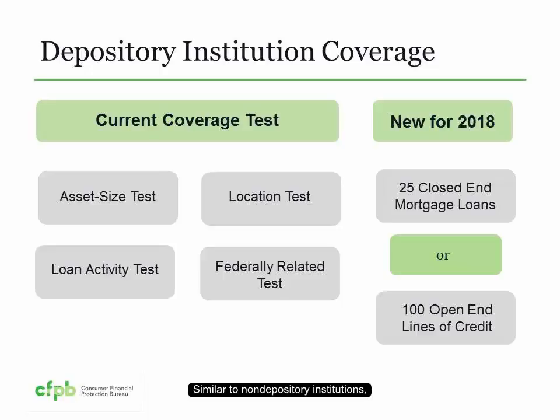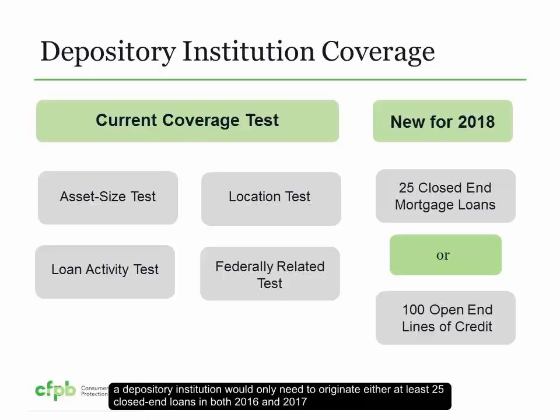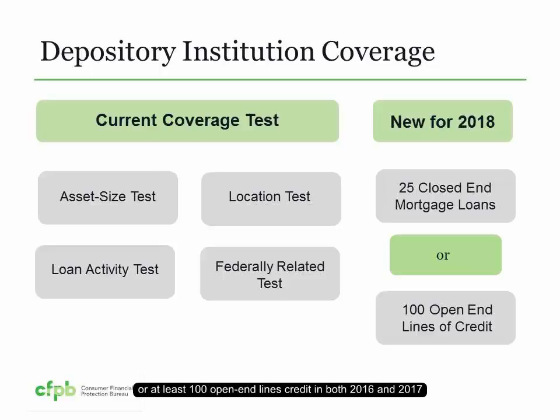Similar to non-depository institutions, a depository institution would only need to originate either at least 25 closed-end loans in both 2016 and 2017, or at least 100 open-end lines of credit in both 2016 and 2017 to meet this requirement.